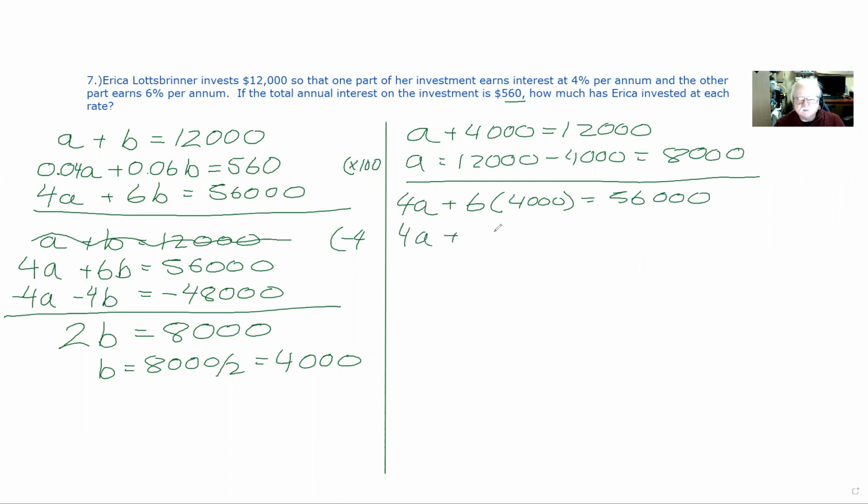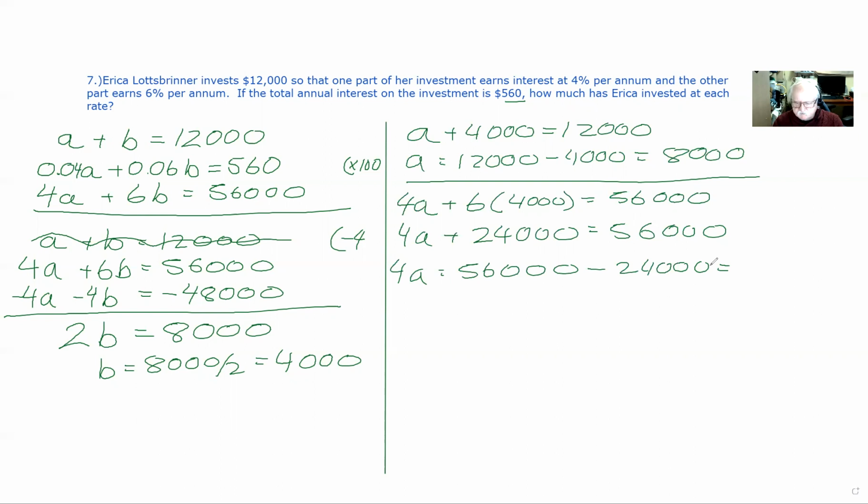4A plus 24,000 equals 56,000. So 4A must equal 56,000 minus 24,000.